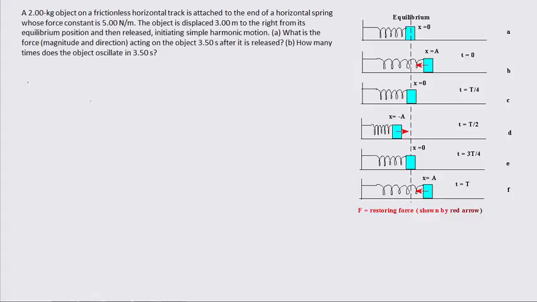So in part A, we can start by summarizing our information, given that the mass of our object is 2 kilograms and that our spring constant is equal to 5 newtons per meter with a displacement of 3 meters over a period of 3.5 seconds.